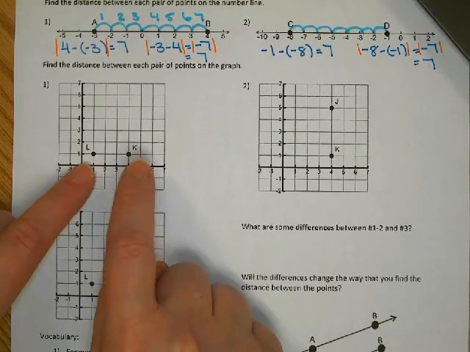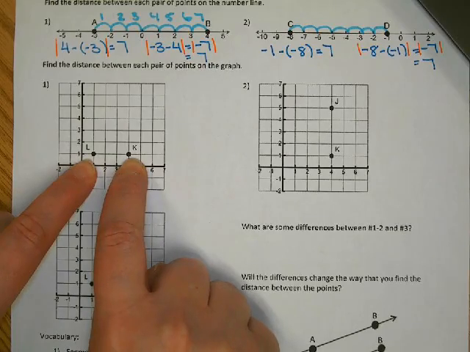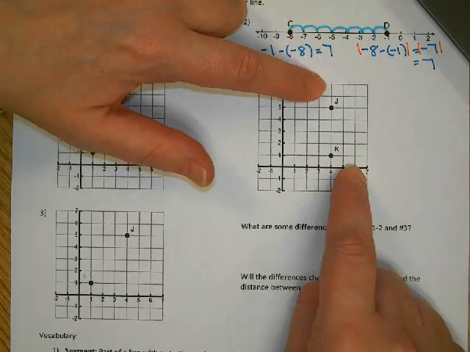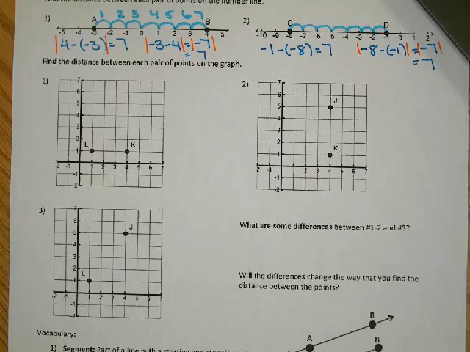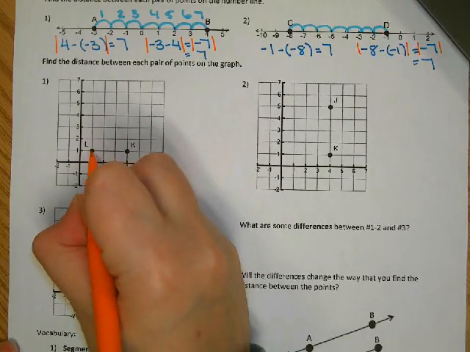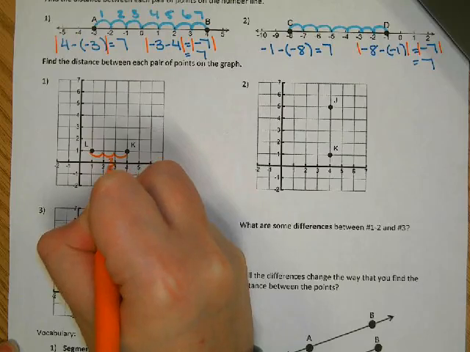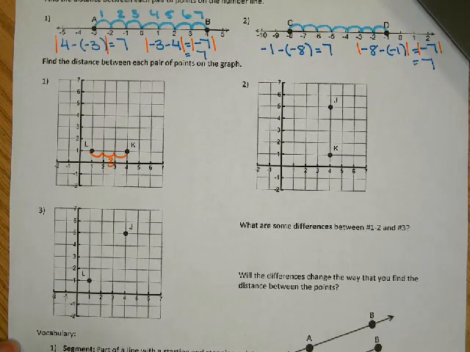So the distance between L and K and the distance between K and J. All right, Sophia, what is the distance between L and K? 3. Okay, we go 1, 2, 3. So we have a distance of 3. How can we get 3 without hopping? What can we do? Without counting, how can we get 3?